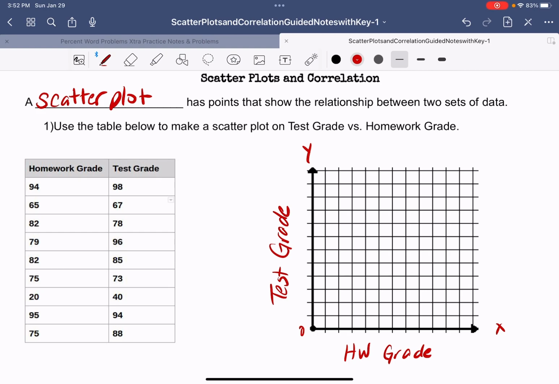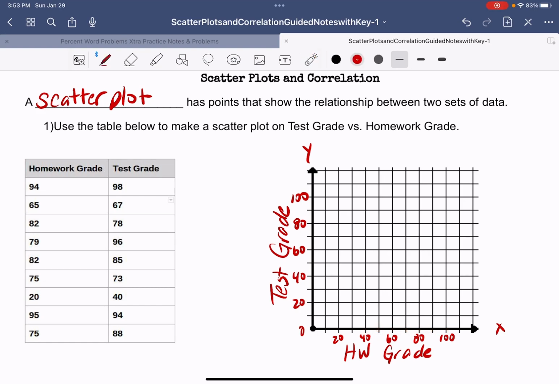So let's say we've got 10, I'm just going to leave every other one: 40, 60, 80, 100. So the goal is to get 100 on your test, right? Let's do the same for our homework: 20, 40, 60, 80, 100. Please note that the line in between is our 10, 20, 30, 40, 50, 60, 70, 80, 90, 100, but we're not going to write them all in.